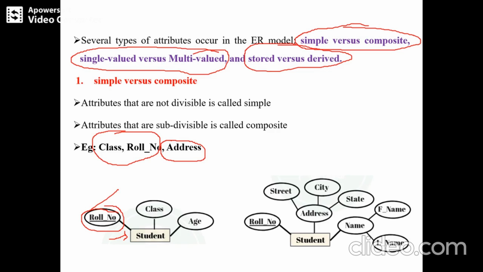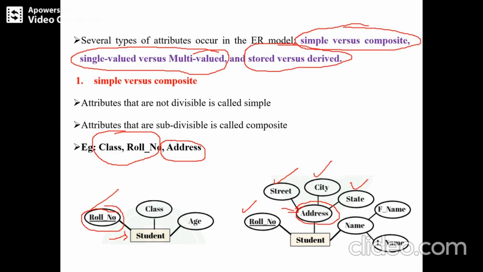Now you can see the same student entity relationship diagram. Here roll number is the primary key. We have an address attribute, but address is a composite attribute. Why? Because we have a street name, city name, state name. So this attribute is further divided into sub attributes.